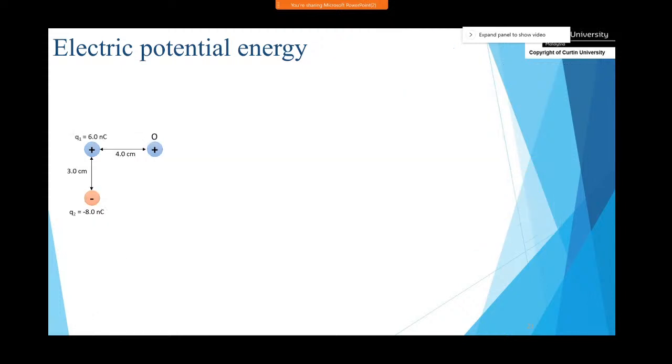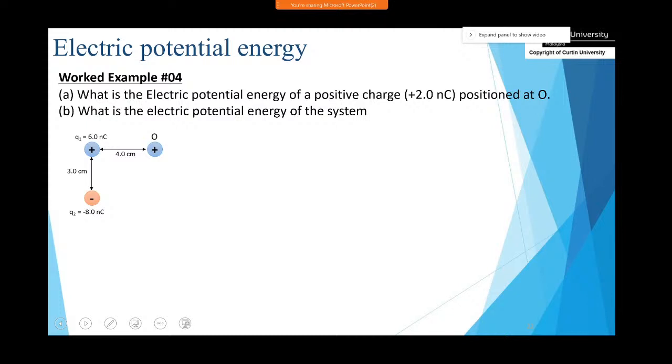So let's try out this work example. Find the electric potential energy when a 2 nanocoulomb charge is being placed here. This is a scalar question, so straight away just look at the magnitude.